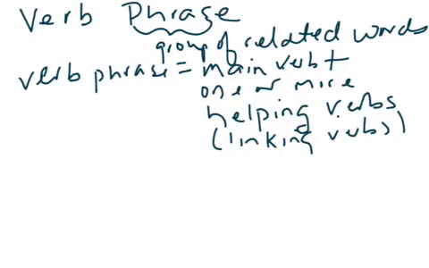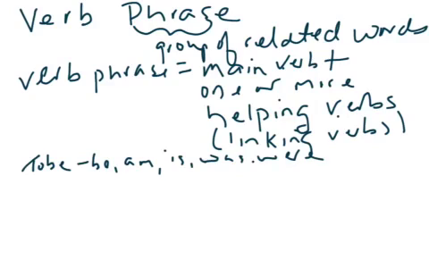So let's get an example. We take the verb to be, and it comes in these ways: be, am, is, was, and were. Let's take our tall man.